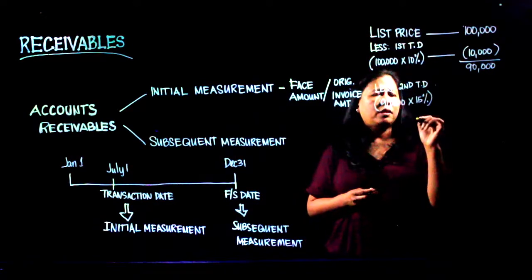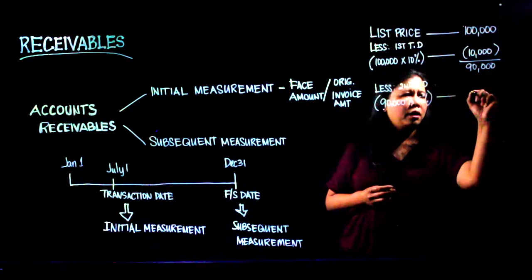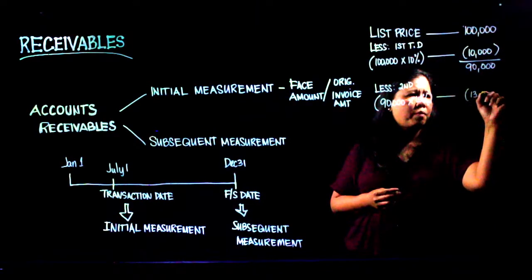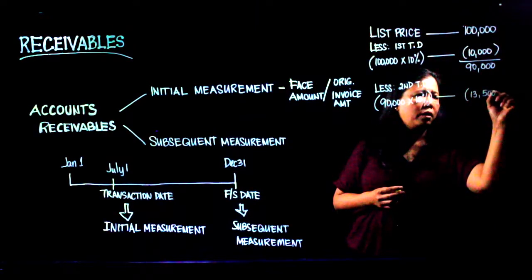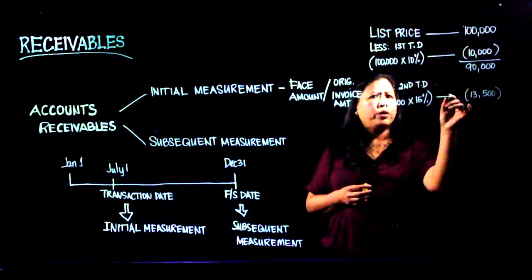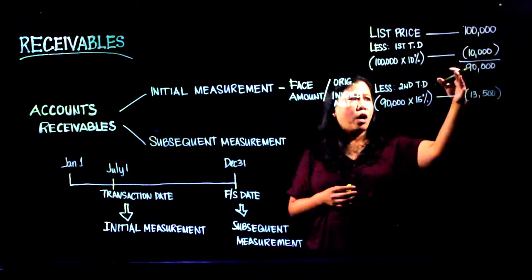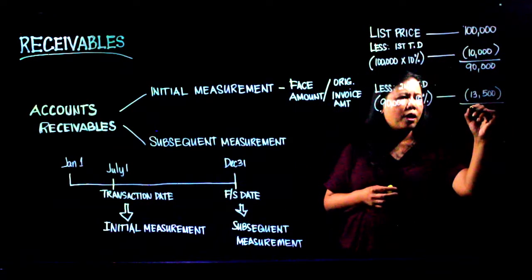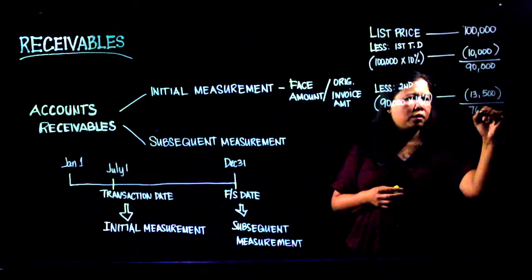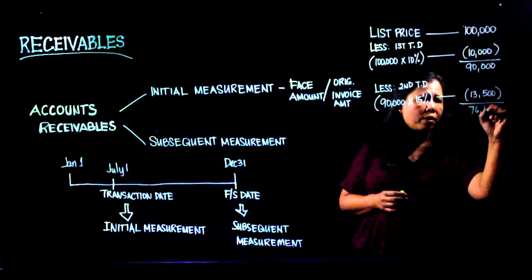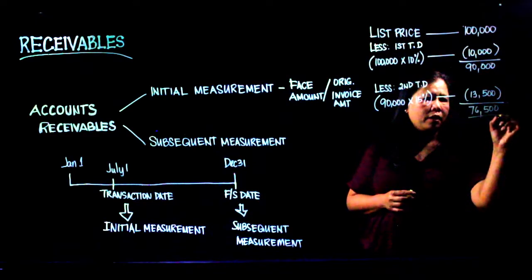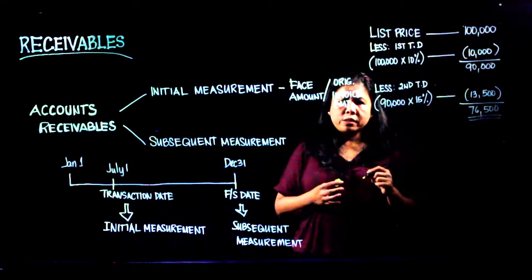So 90,000 times 15% is 13,500. Then we less the second discount from the 90,000, and we get 76,500. And this is your invoice amount.